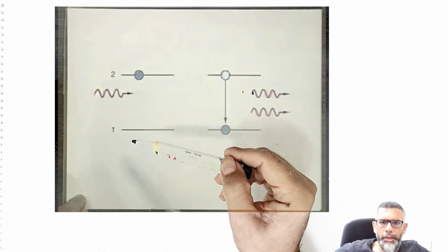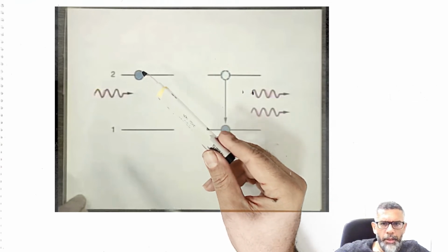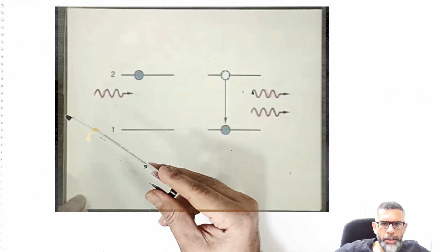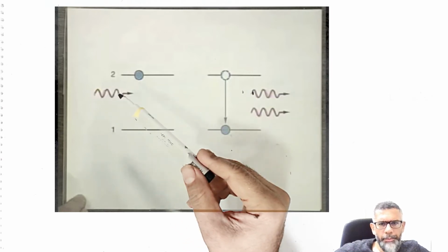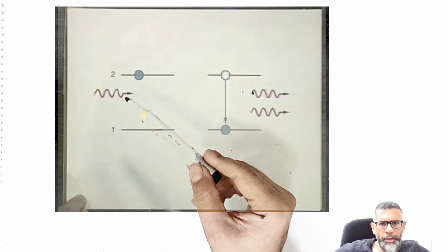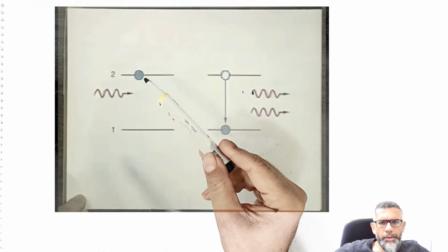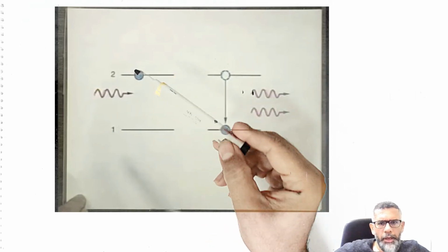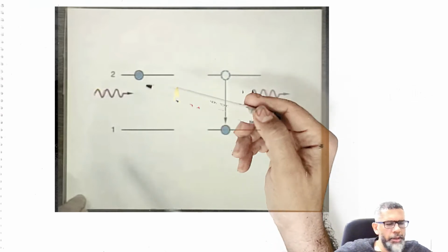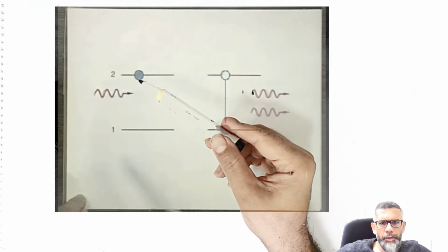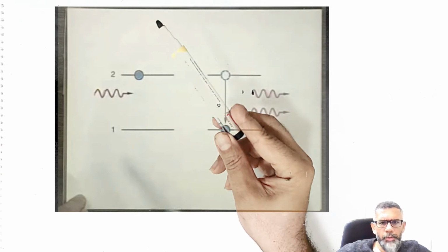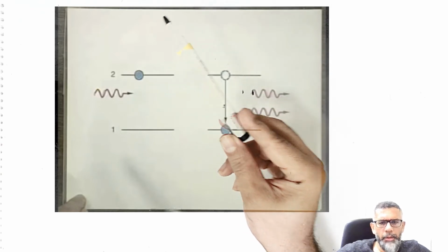So the electron of that atom is in the excited state and there is an incoming photon. What happens to the incoming photon? There is no way this electron can absorb it and go to some higher energy level.